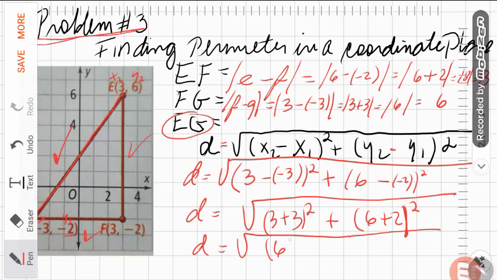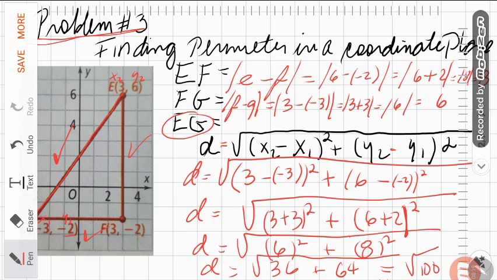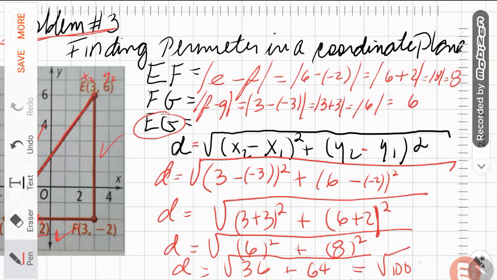That'll be 6 squared plus 8 squared, and at the end we are going to have the square root of 36 plus 64. When we add this together, that is 100. So the square root of 100 is going to be 10.